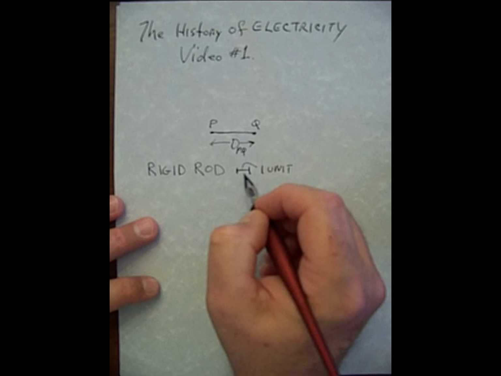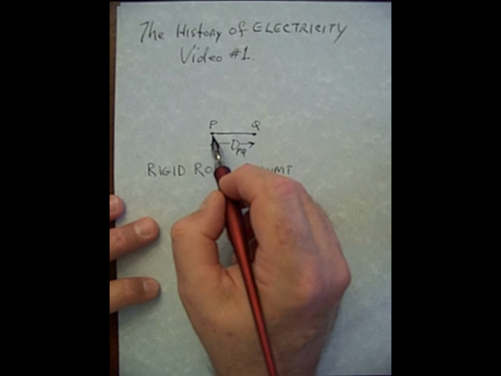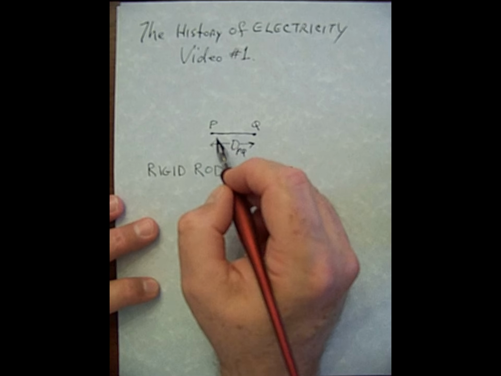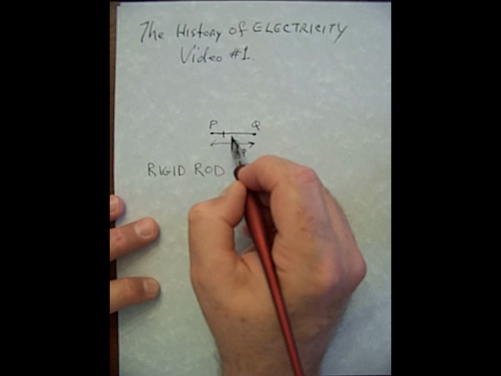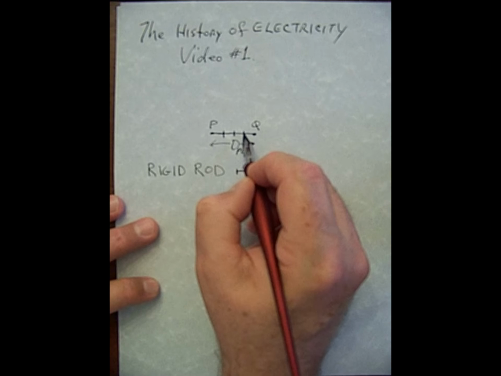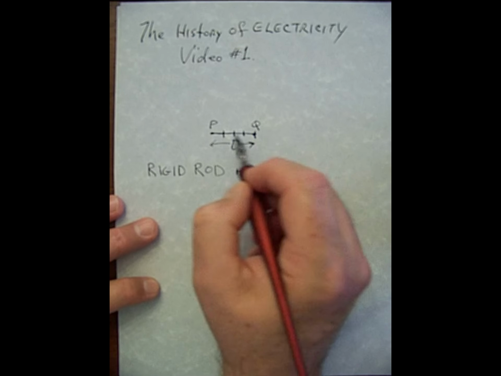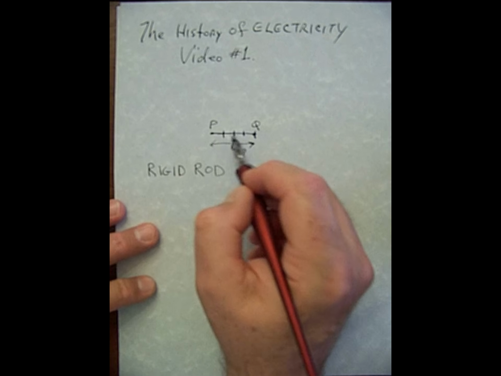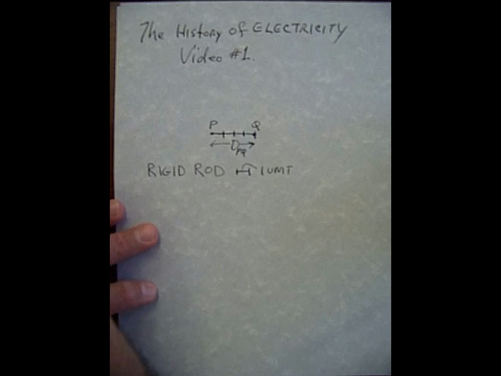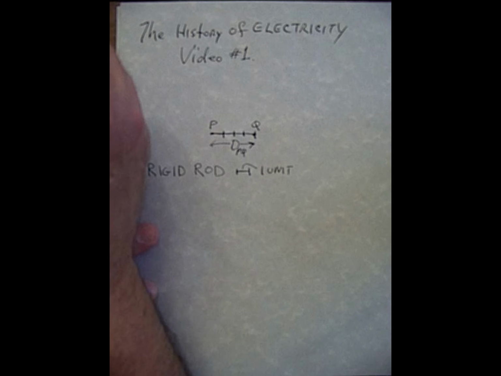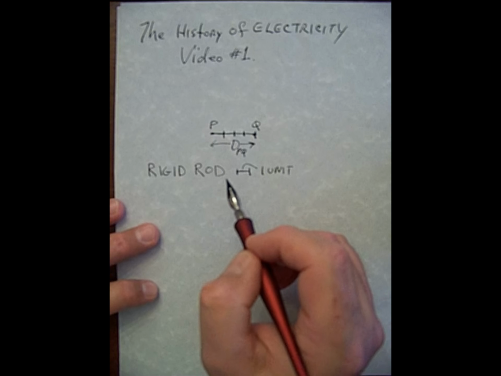So if I take that rigid rod and I place one end of it at point P, and then I mark off the end of that rod, and then I do that again, and again, and again, I can measure the distance between P and Q. And obviously on the paper, these are not all the same length, but pretend that they are.